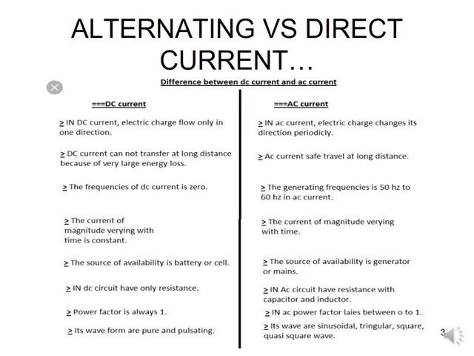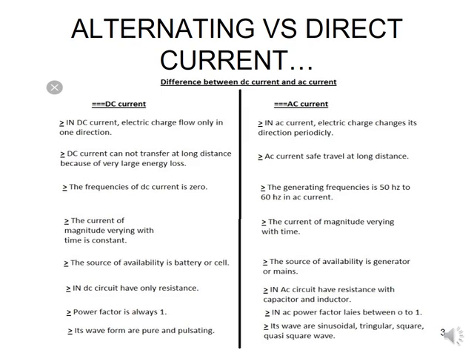Then you've got what we call the frequency. On DC, there's no frequency, it's zero. Compared to AC, where in South Africa we are sitting at a 50 hertz frequency, and in other countries they sit at 60 hertz. Then the magnitude of the current is constant with time on your DC, whereas on your AC, the magnitude varies with time.